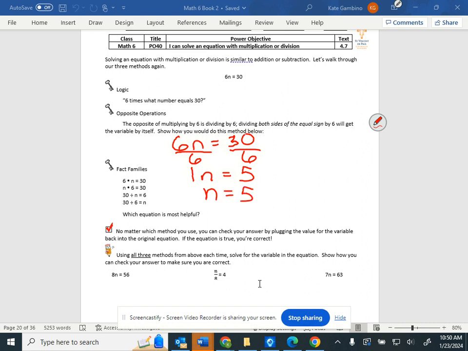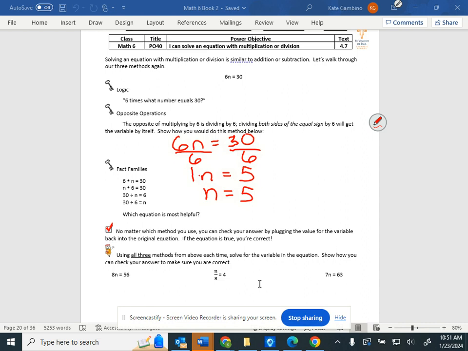Why can we take that 1 away? It equals the same thing. What we're saying here, 1n would be 1 times n. What's 1 times 5? 5.